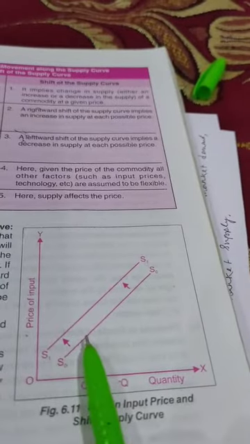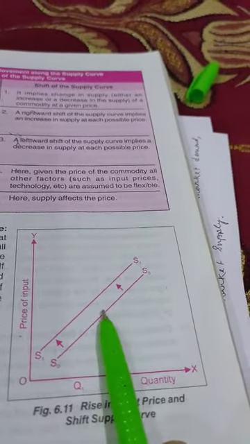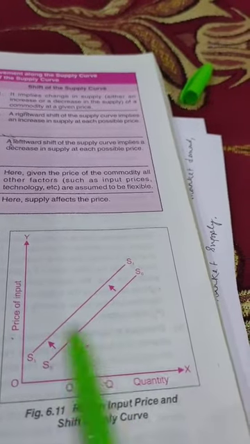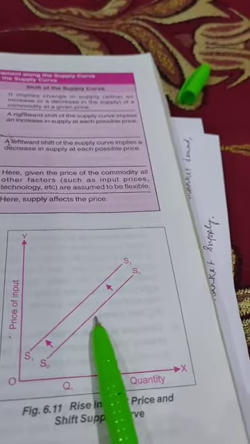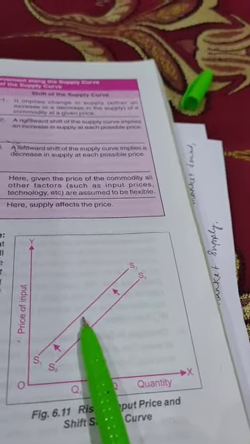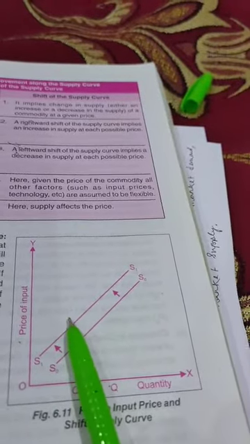As a result of the increase in input prices, the profit share of the producer will decrease. Therefore the producer will supply less of the commodity, and the supply curve will shift leftward.